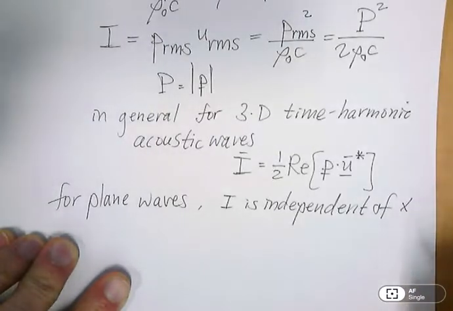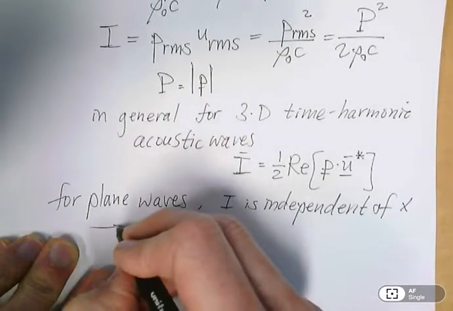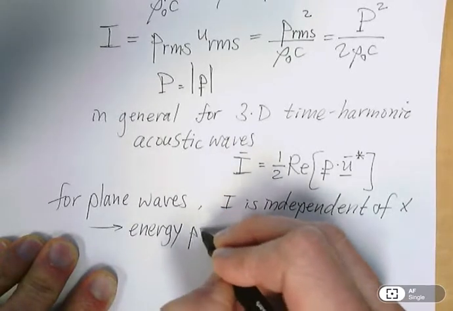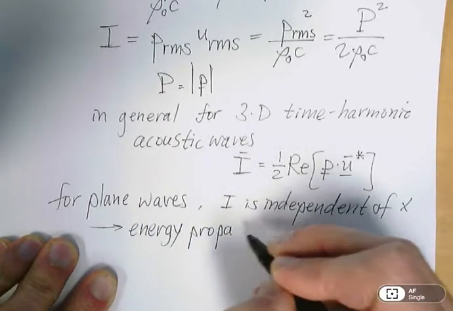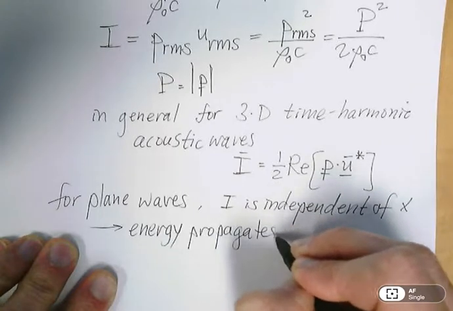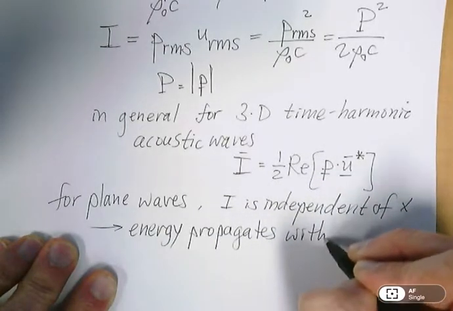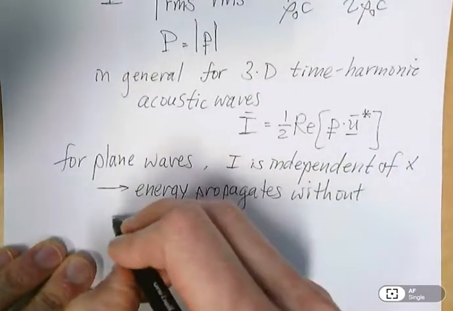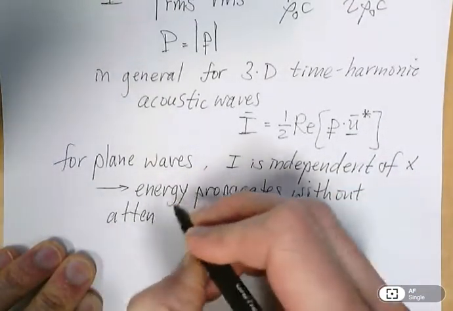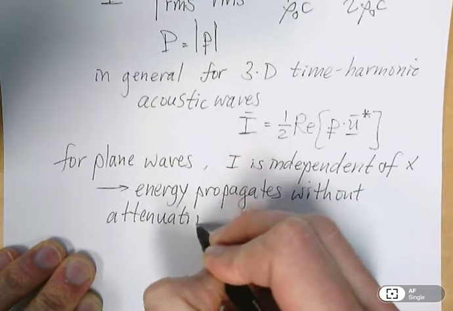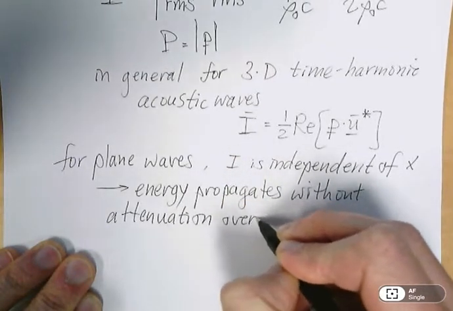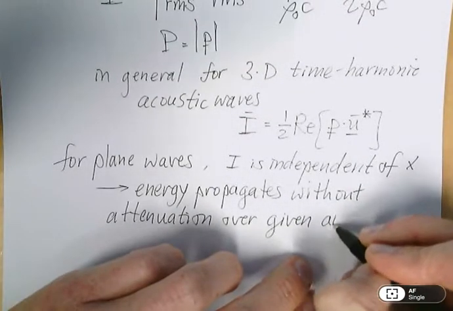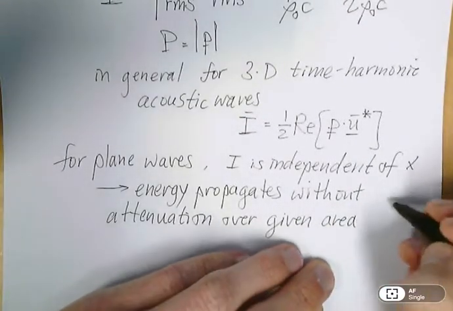So in other words, energy propagates without attenuation. And specifically, without attenuation over a given area. So because it's watts per meter squared. We're calling those units watts per meter squared.